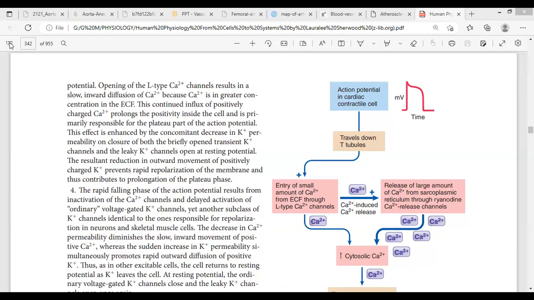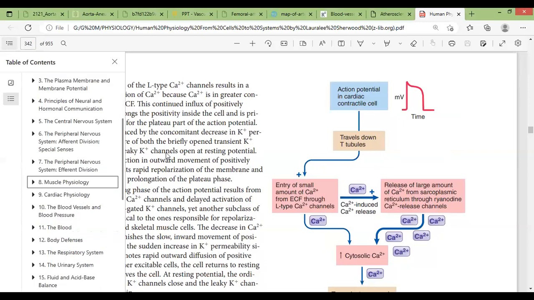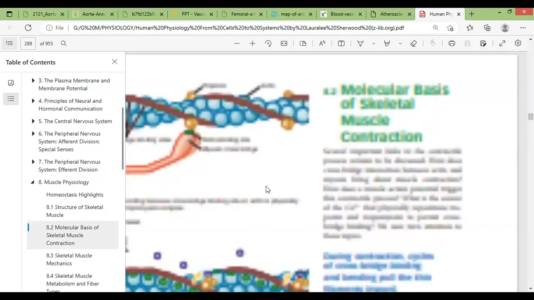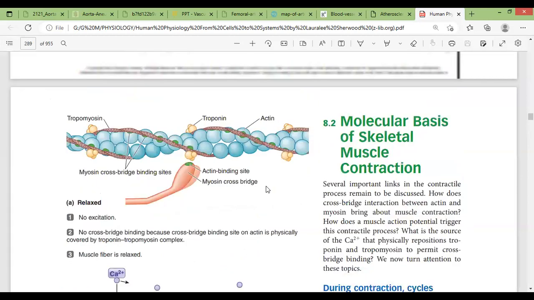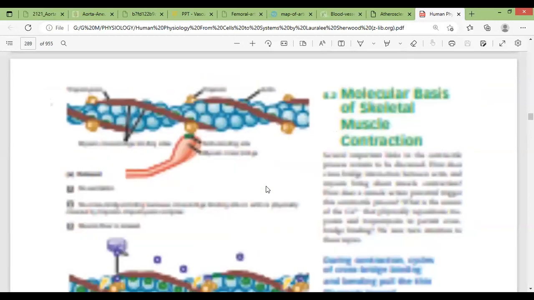Even for muscle contraction, I'll put up a diagram. Let me look for that. There's a good diagram for that. Yeah, here it is.